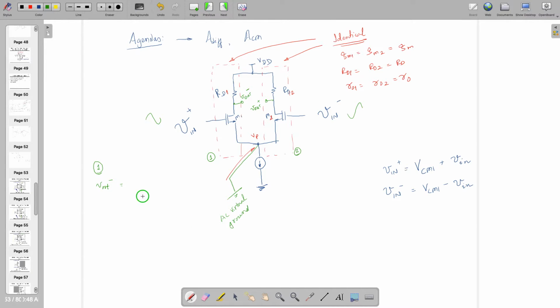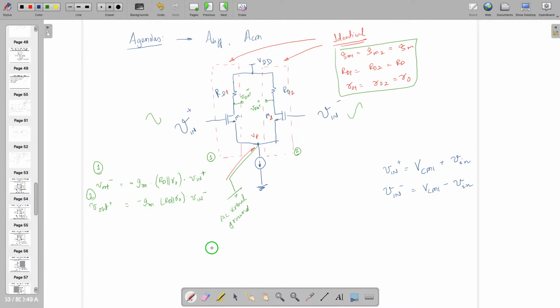That becomes minus GM times RD in shunt with RO, I'm writing this because of this assumption, right? Times V in plus, and V out plus, which is for balance network 2, is again minus GM times RD in shunt with RO times V in minus.